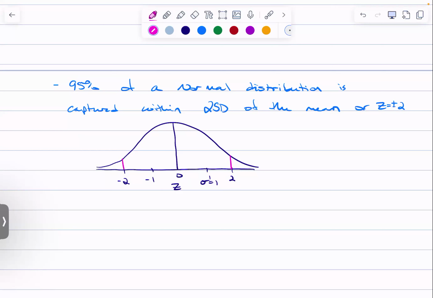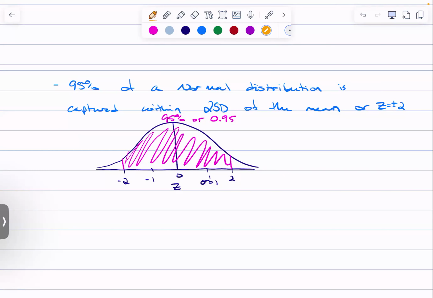So here should be symmetric, but we have 95% or 0.95, right? Probabilities are proportions. So what's the area in the tail then? If I have 95% in the middle, by symmetry, I have 5% left over, split evenly amongst the tails.